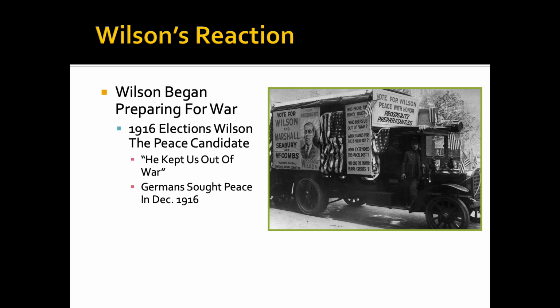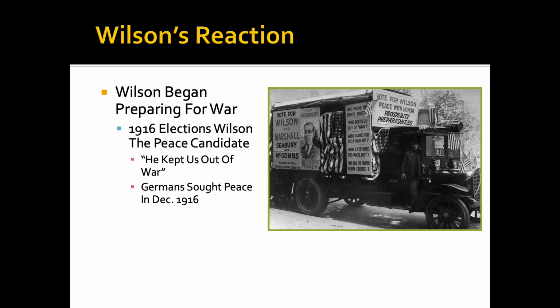Now, Wilson, because the war was raging in Europe and there were problems south of the border as well, began preparing for war. In 1916, there were elections. Wilson proclaimed himself the peace candidate, and the slogan was, there's war going on, but he kept us out of war. By the end of that year, Germans were already seeking peace.